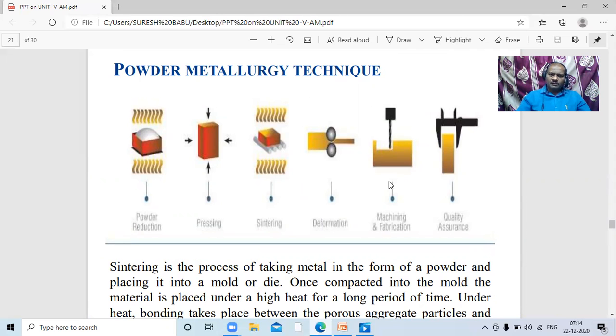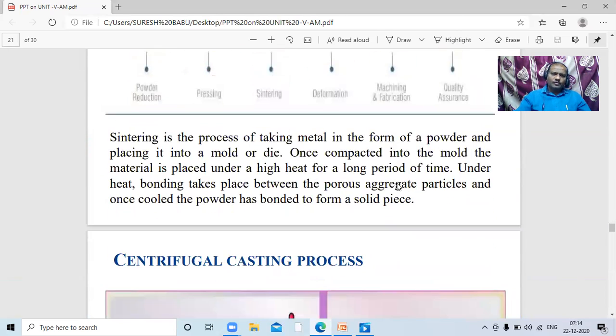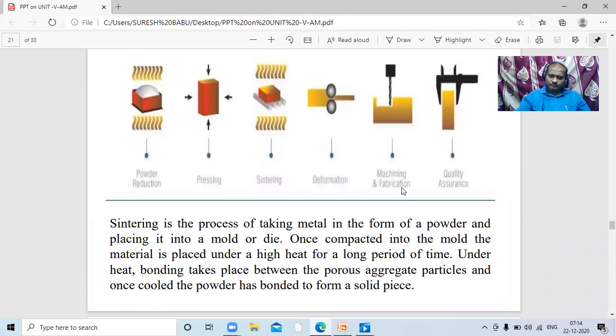Before that, we can have a brief explanation of this. The powder metallurgy technique is known to you. Try to understand here. This is a powder we have taken, and this is going to be compacted.